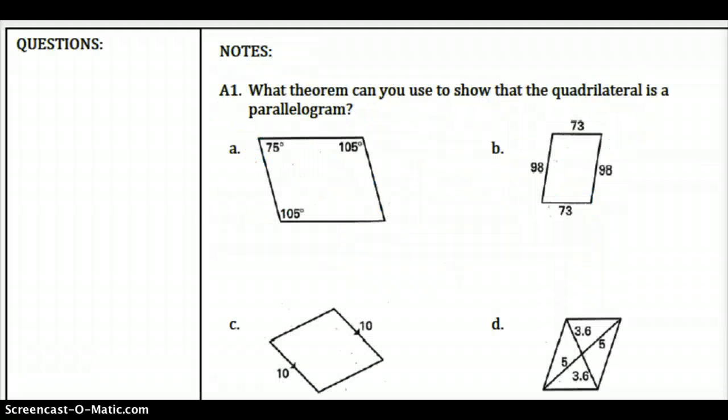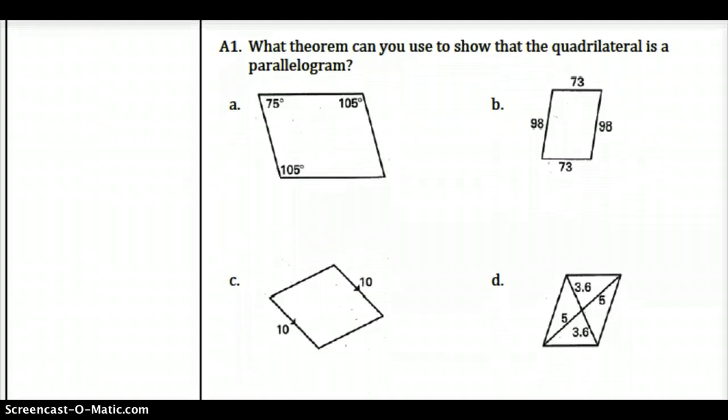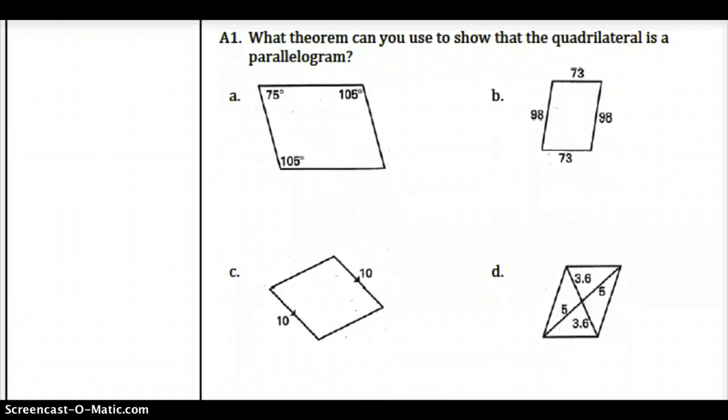Continuing, we have typical type problems. Again, what theorem shows that these quadrilaterals are a parallelogram? Well, first of all, in A we have a quadrilateral, and to find this angle I take 360 minus 75 minus 105 minus 105, and that comes out to be 75.